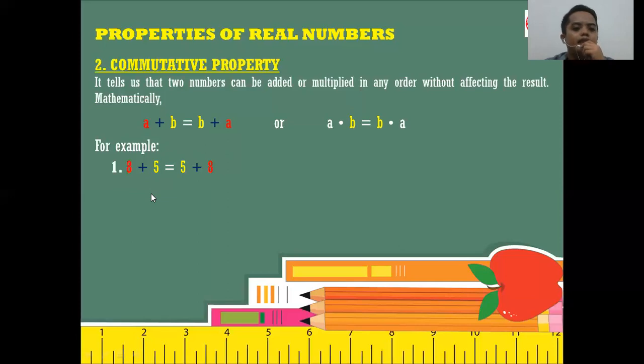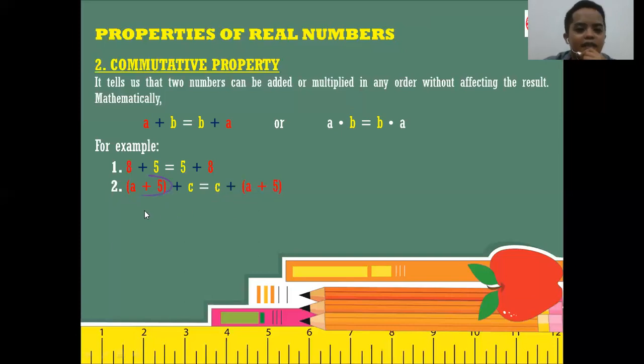Next, only the 8, or the real number, really moves. Likewise with the real number 5. So it is now moving from first. Okay, that is the commutative property. Another example is the quantity of a plus b, plus c, which is equal to c plus the quantity of a plus b.